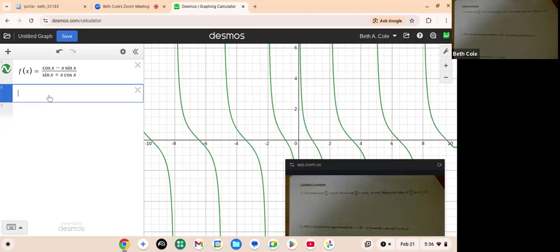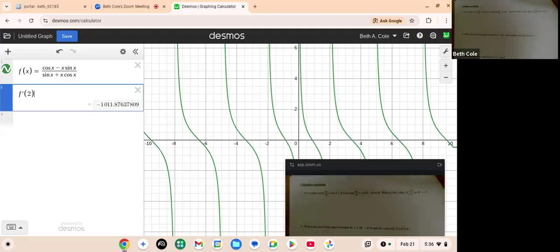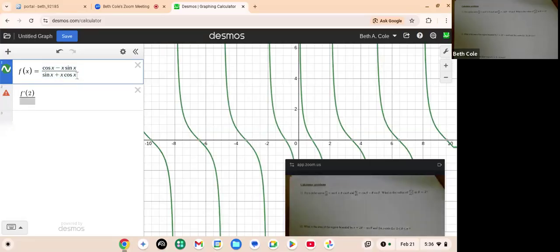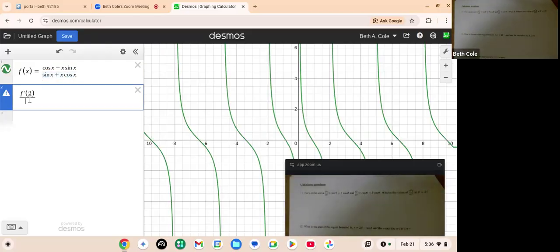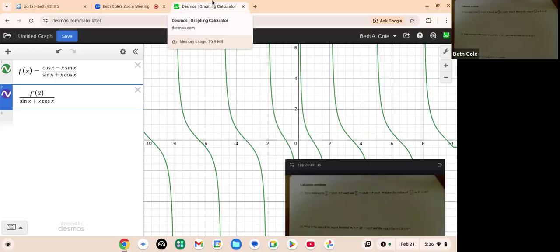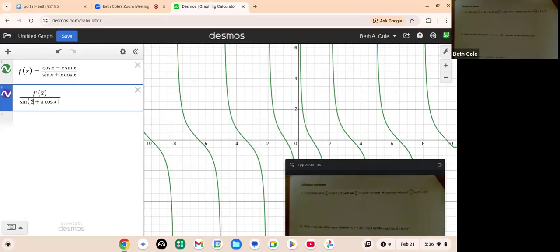So if we want to do our second derivative, I'm going to do the derivative of that specifically at 2, but then you have to divide by dx d theta again. So I want to divide by this part again, but at 2. So I'm going to replace all of these x's with 2.